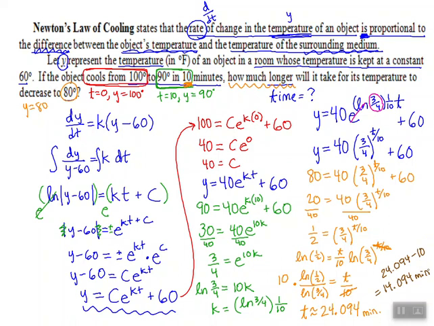It actually takes 14.094 minutes longer. Now, I don't usually do this, but there's a lot of stuff on my paper here, so I just want you to be sure that that is my answer. It takes 14.094 minutes longer to decrease the temperature to 80 degrees.